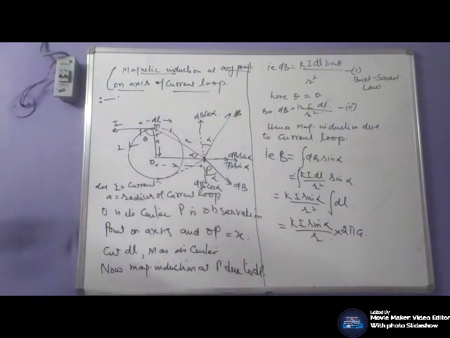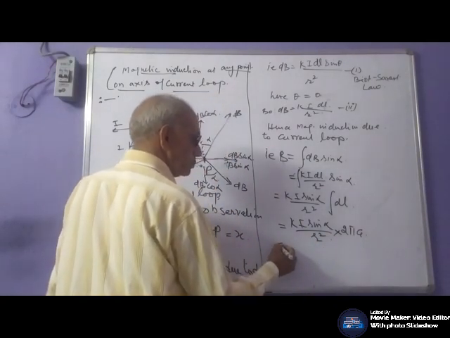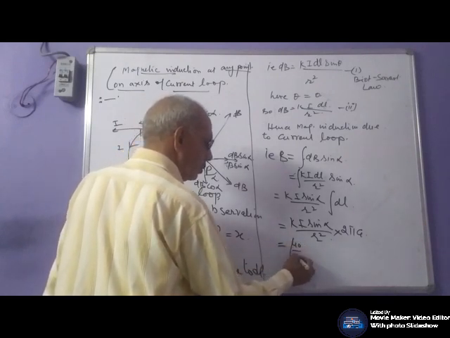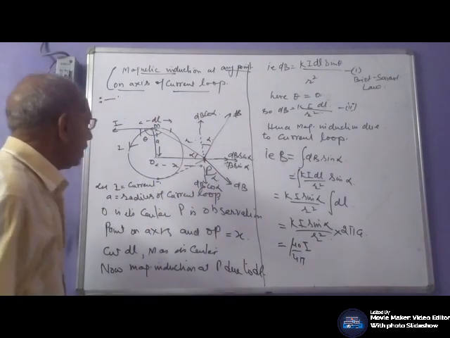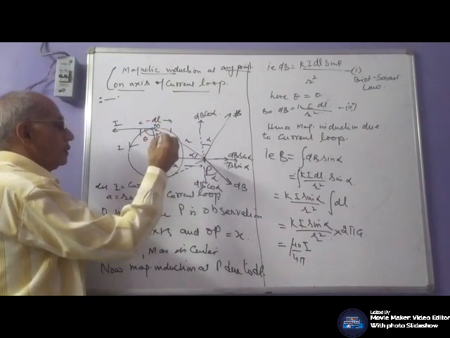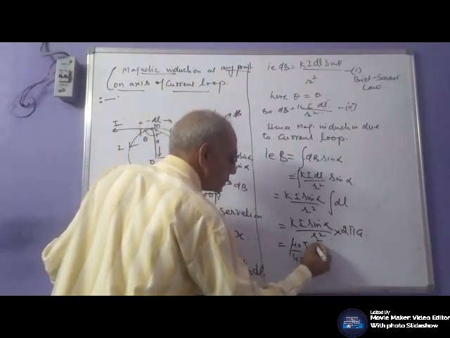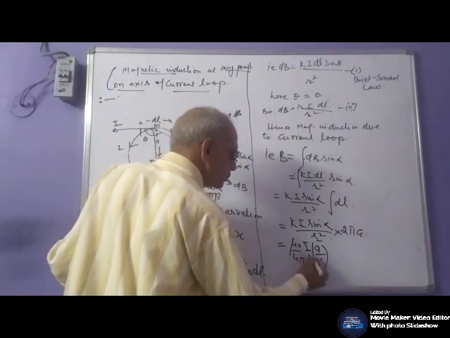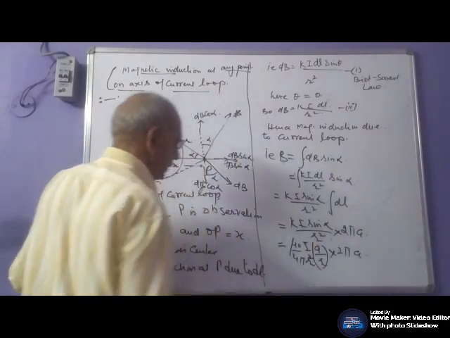The radius is a, so it is 2 pi a. K is mu naught by 4 pi. In the right angle triangle, sin alpha is a by r. So 2 pi a.